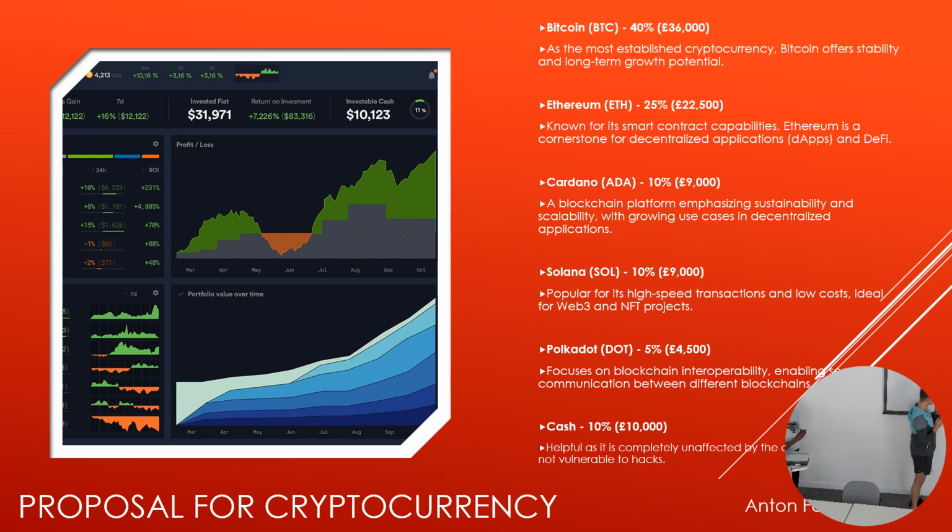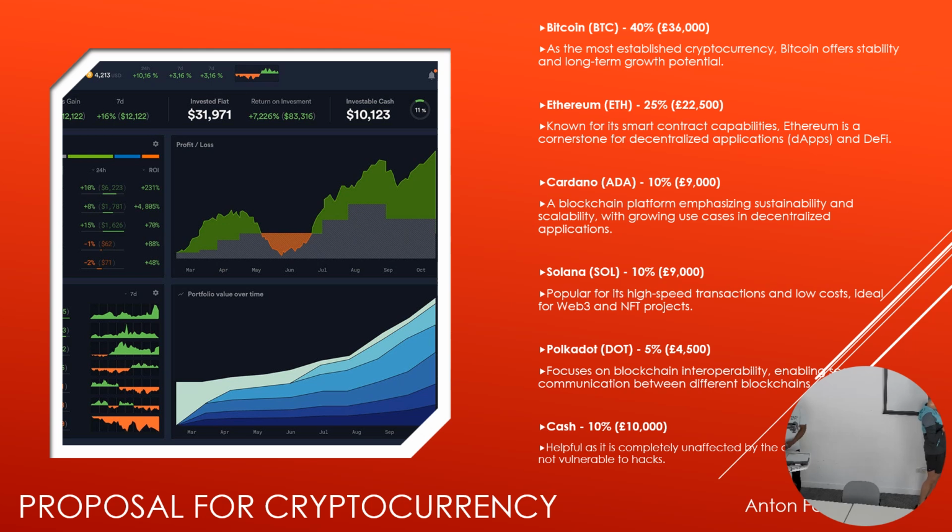Ethereum is a cornerstone for decentralized applications, dApps and DeFi, for example. Thirdly, we have Cardano, invest 10%. A blockchain platform, it empowers sustainability and scalability with growing use cases in decentralized applications. We also have Solana in here, popular for its high-speed transactions and low costs. This has become very popular in the last few years.